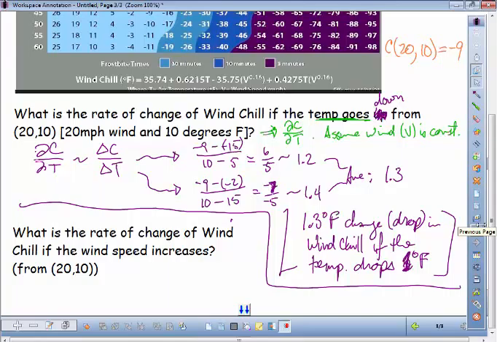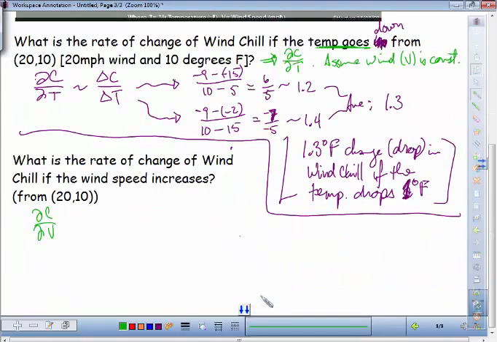All right? So it's kind of like the same sort of work that we were just doing. We're looking for the partial derivative of the wind chill with respect to the velocity this time, not the temperature. And then, like the other one, we're going to find the rate of change in the wind chill over the rate of change in the velocity.